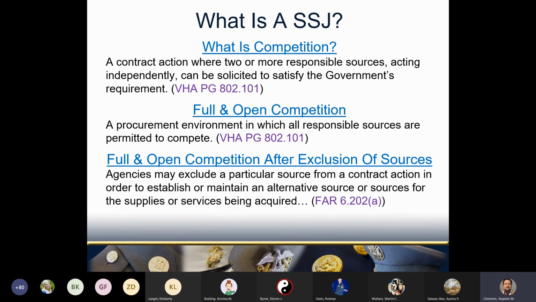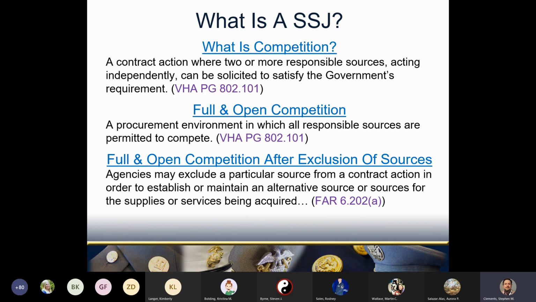For example, full and open competition is when any company of any size and any kind of socioeconomic group can compete for our contract. All responsible sources are permitted to quote, and they can make whatever arrangements among themselves on how to do it and still be considered. Then there's full and open competition after exclusion of sources.